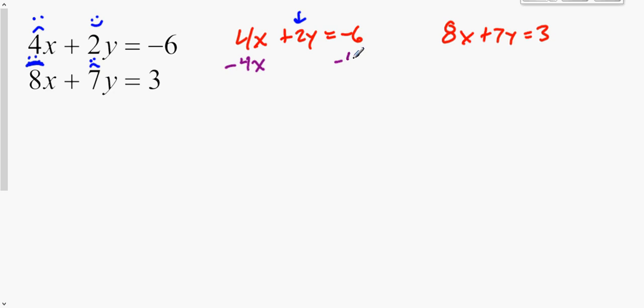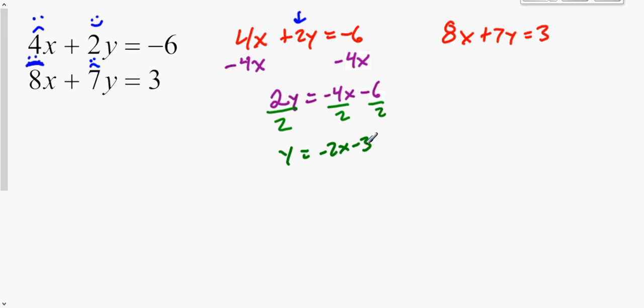So I'm going to subtract 4x from both sides. That leaves us 2y equals negative 4x minus 6. I have to divide everybody by 2. So y equals negative 2x minus 3. Now we have our y equals, so we're going to take what our y is equal to, plug it in over here.